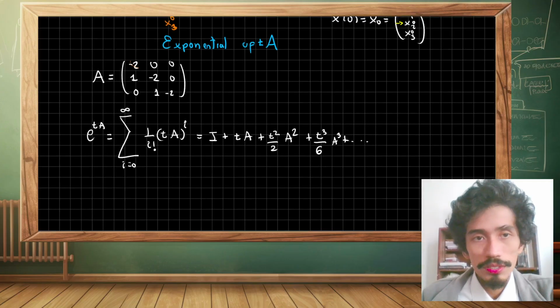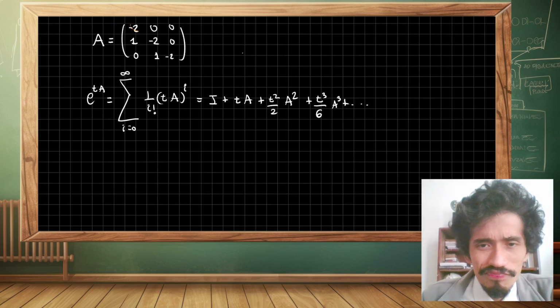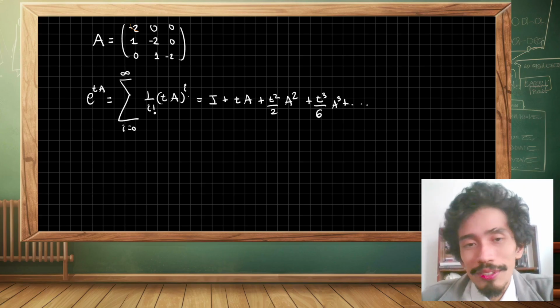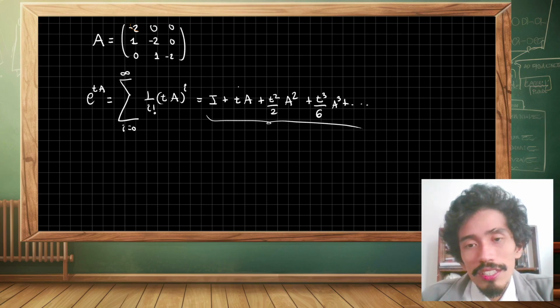As I told you, it is relatively difficult, without knowing some properties of A, to do this calculation, because this is an infinite sum. But there are instances in which you can just go by definition.